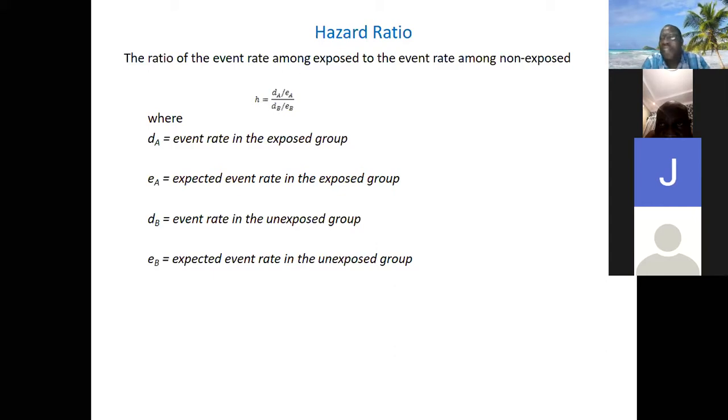It's the rate of the event. It's not just that the event happened. How often? What is the rate? Which one will be likely to occur first or more frequently? So the rate of the event among the exposed.